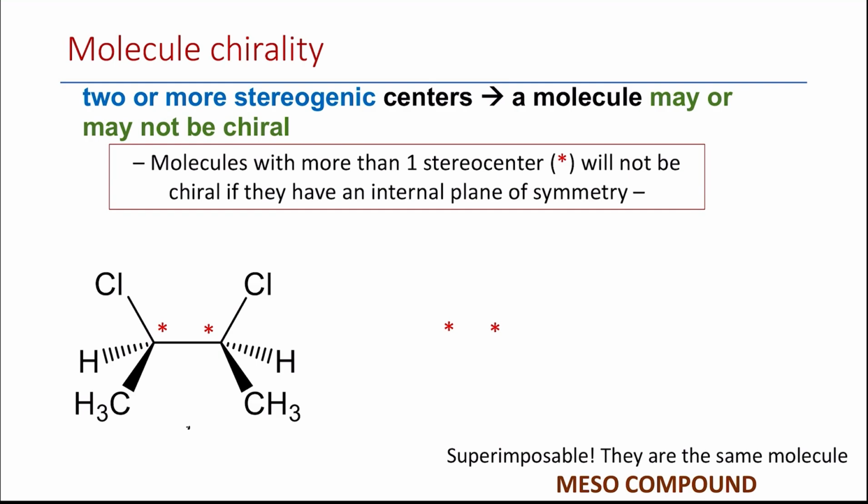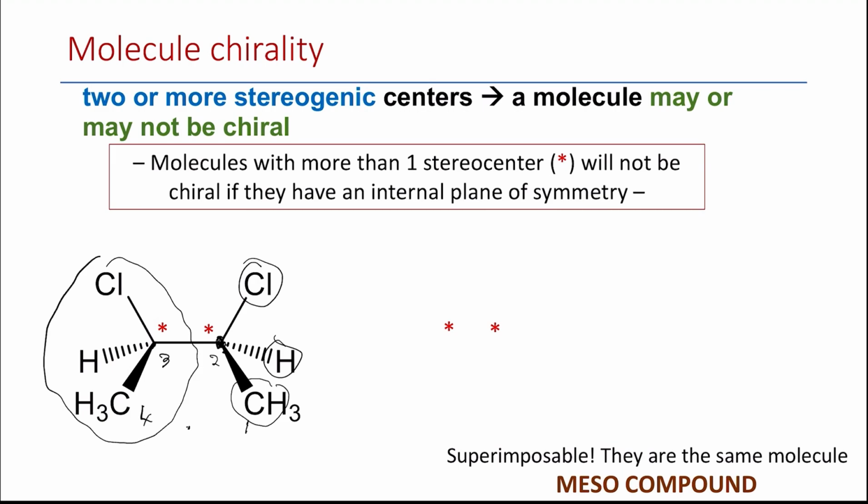Let's give the carbon atoms numbers, 1, 2, 3, 4 for the butane. Carbon number 2 here is attached to four different substituents: a methyl, hydrogen, chloro, and then this whole group. So this is a stereogenic center, a chiral center.